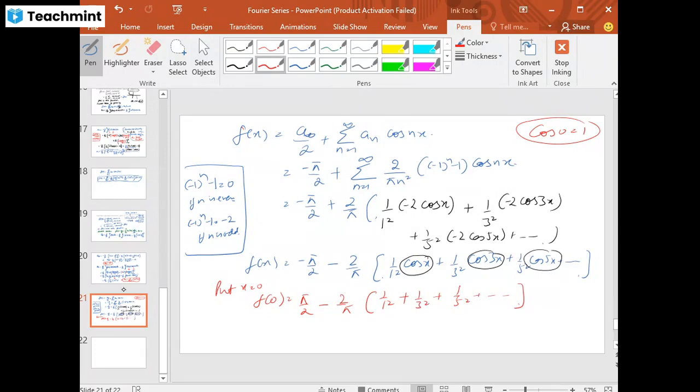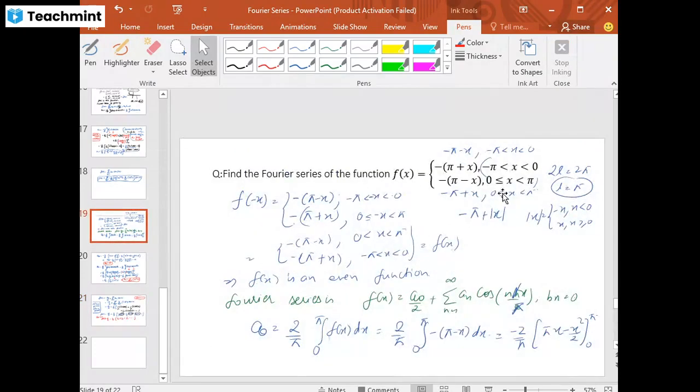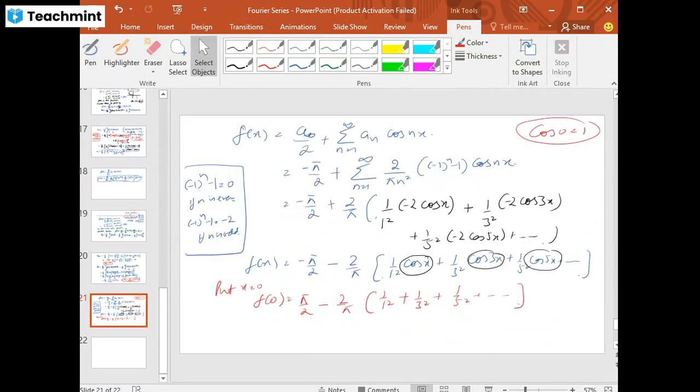Okay. So if we look here, your function is defined at x equal to 0, and its value there is minus pi. So when I put x equal to 0, f of 0 is minus pi.